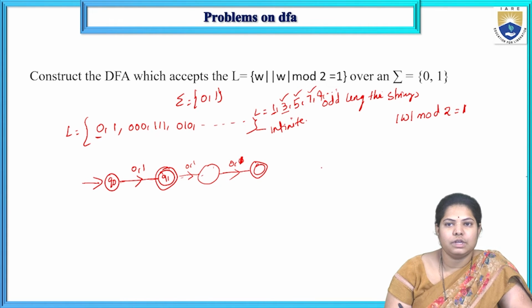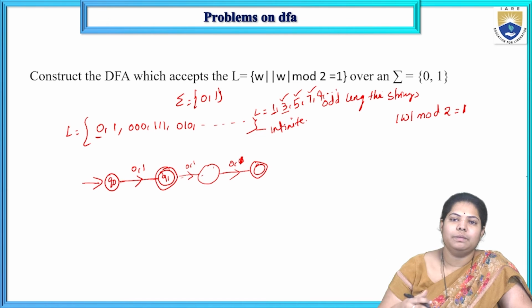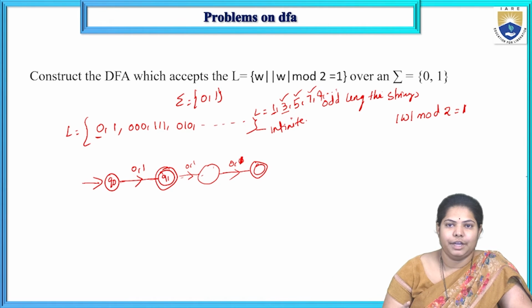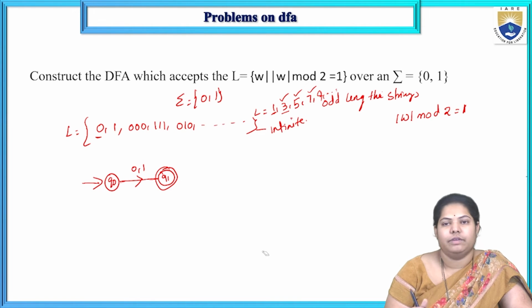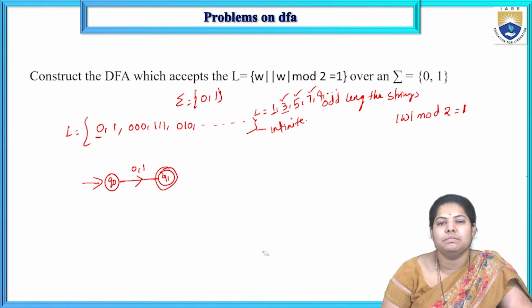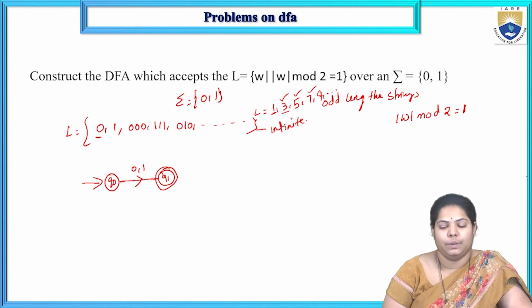If I go on drawing like this, it will be a very lengthy finite automata. So always we have to draw the minimized DFAs. Minimized DFAs means only a minimum number of states should be present in the finite automata.